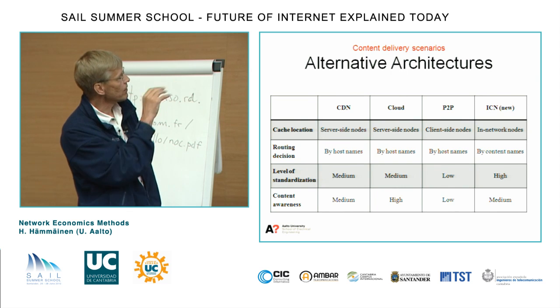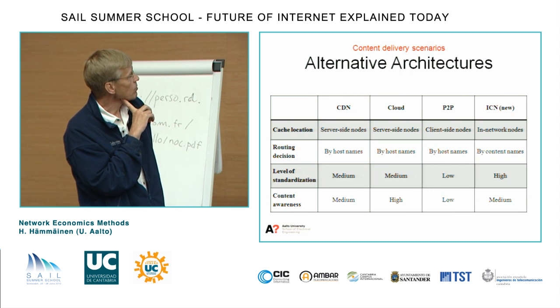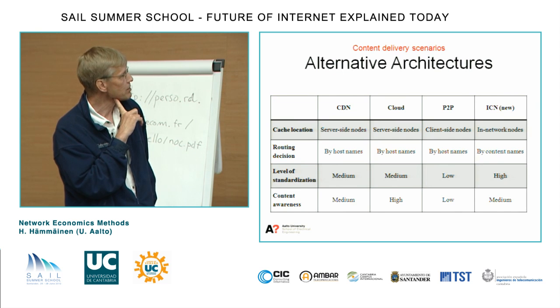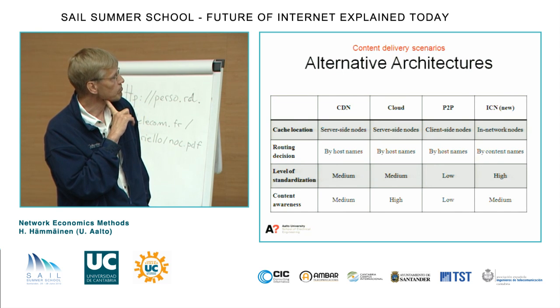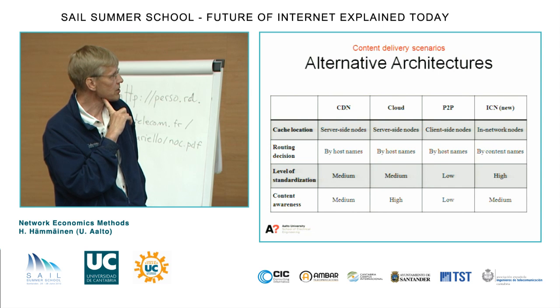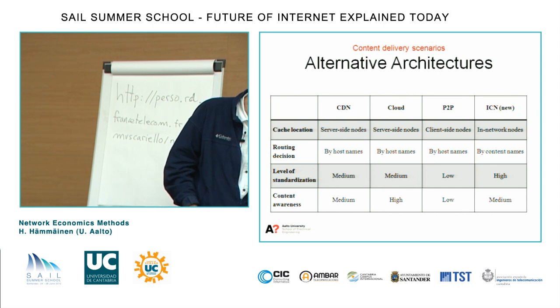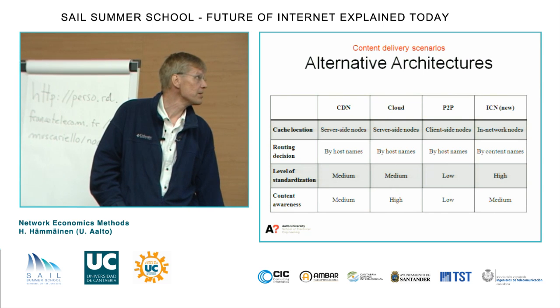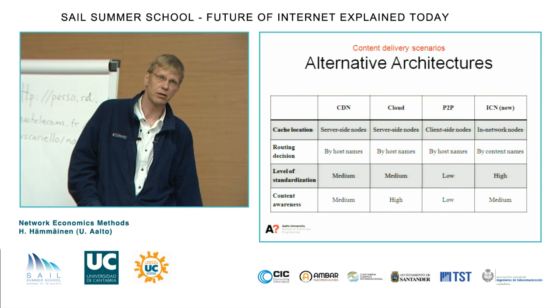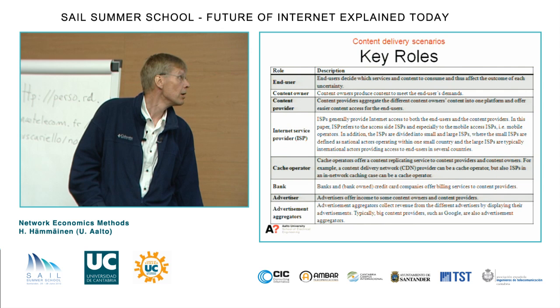And you can identify certain parameters: routing decisions, cache location, level of standardization, content awareness, and so on. There are other parameters as well, but you can separate these architectures with some key parameters from, let's say, a techno-economic or strategic viewpoint.